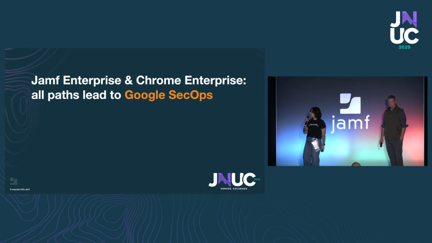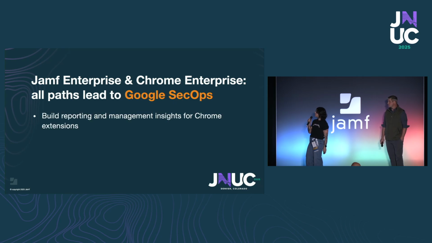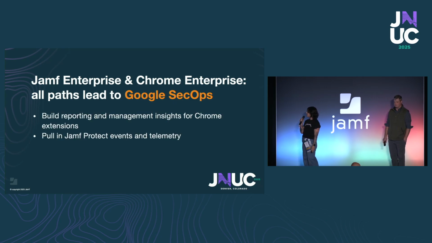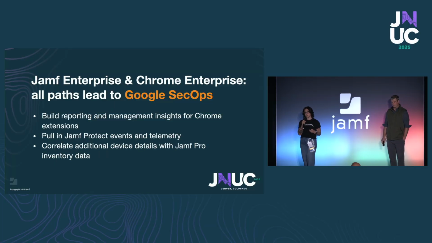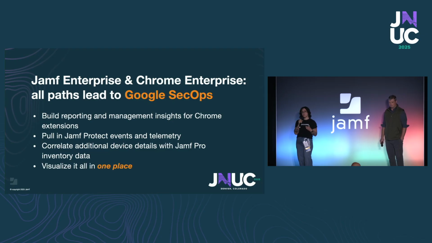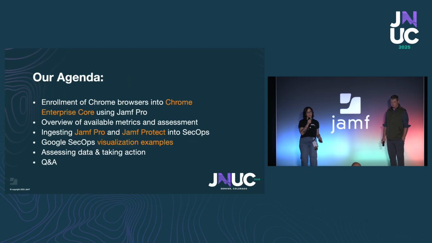So the dream, right? We build reporting and management insights for Chrome extensions. We pull in Protect events and telemetry. We bring in Jamf Pro device data for enrichment. And then we visualize it all in one place. So that's what we're going to talk about today.